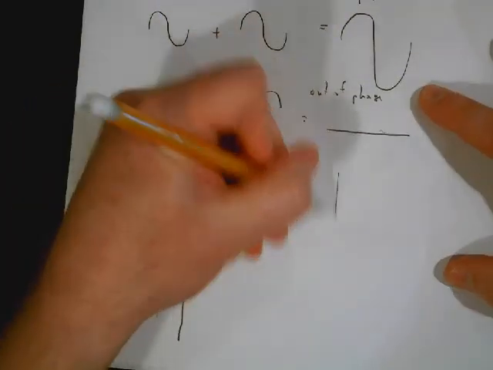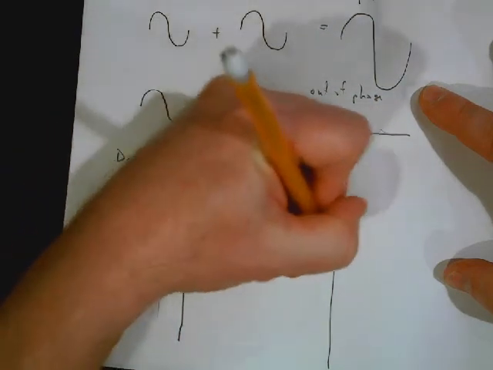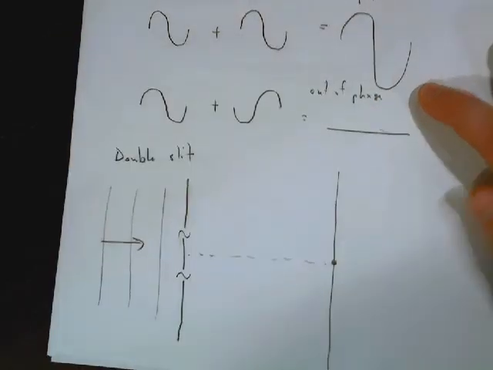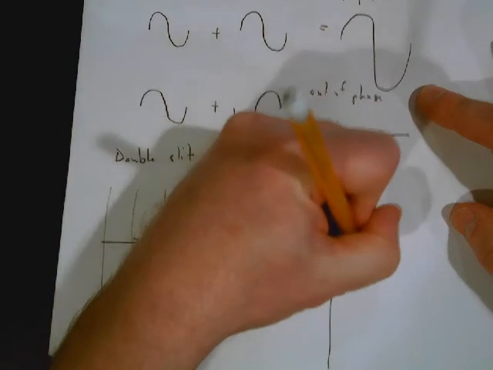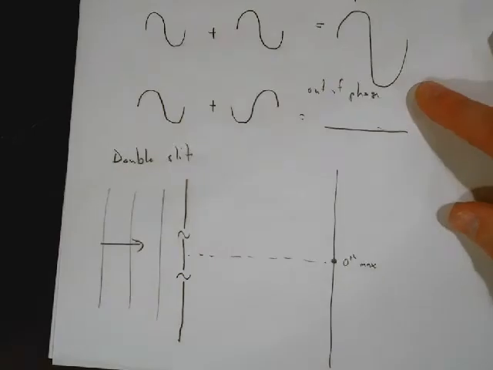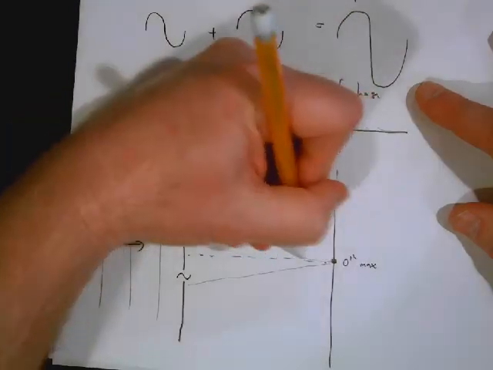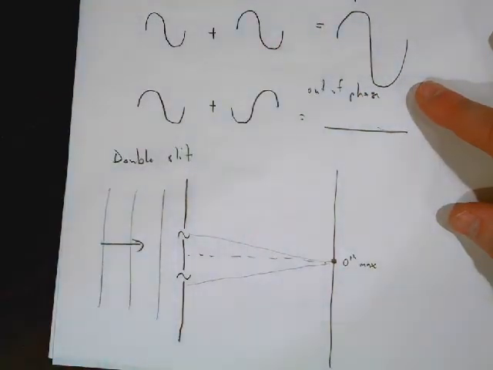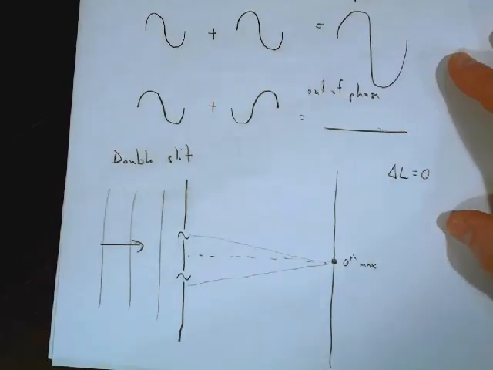If you were to go over here, there would be a bright point right in between. That would be considered the 0th maximum. Why is it the 0th maximum? Because the path difference, if you look at L1 and L2, would be 0.